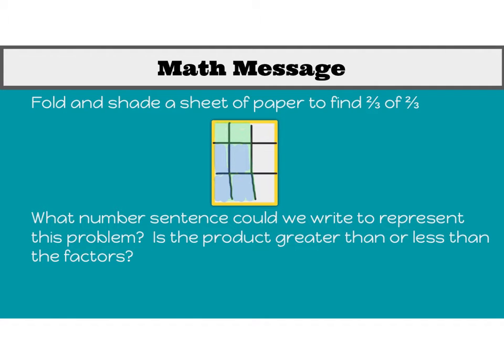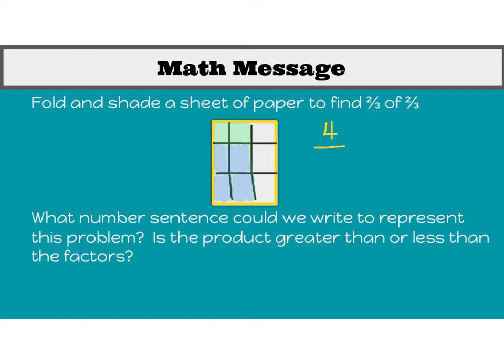Then we had to find 2/3 of that 2/3, which is this light blue section. So once we have done that and we count how many squares are light blue, we have 1, 2, 3, 4 is going to be our numerator.